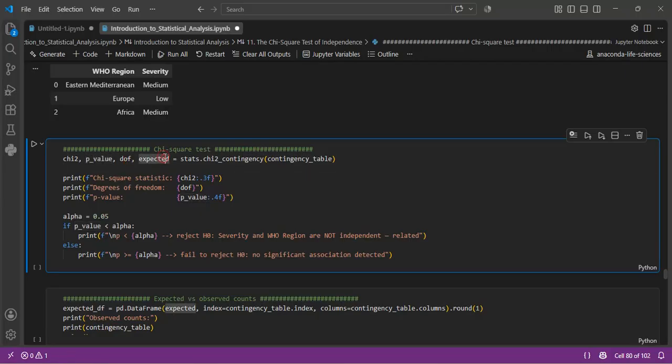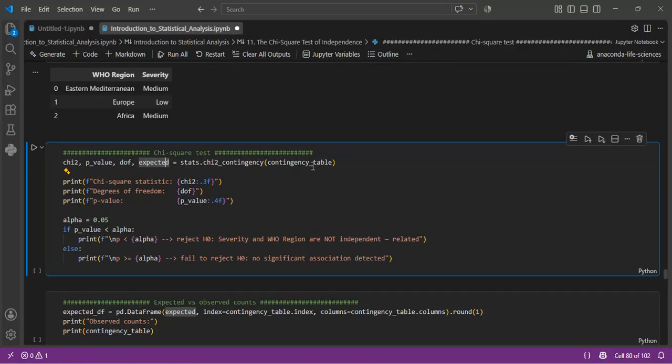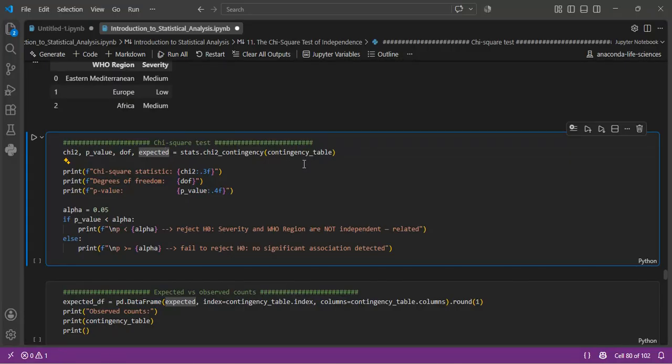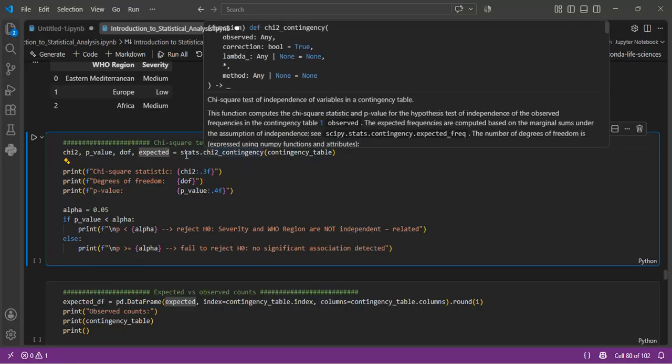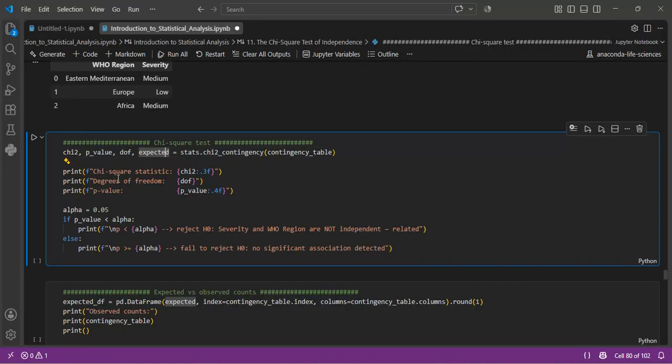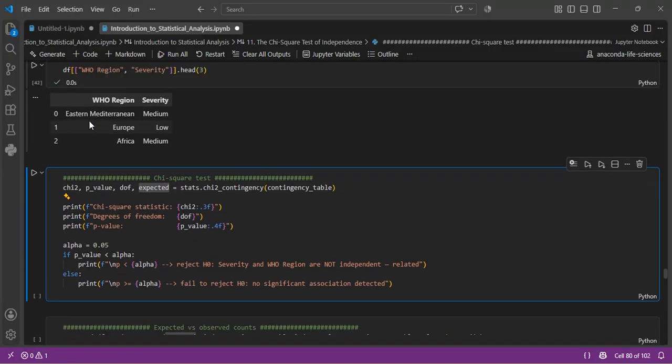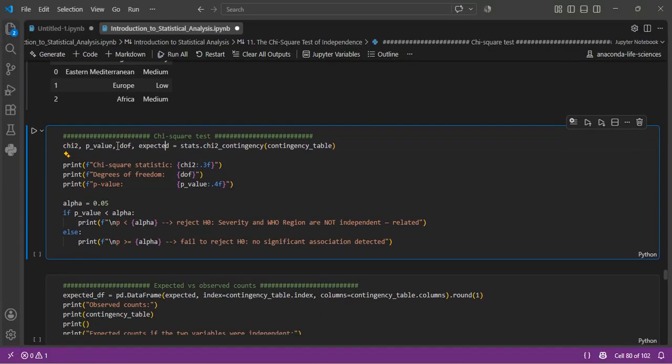Out of that table, the SciPy package of Python is going to provide the chi-square and the probability value, or the probability that the regions are related or not. So in this case, we create a condition to either reject or fail to reject the null hypothesis. So let's run it and see what happens.